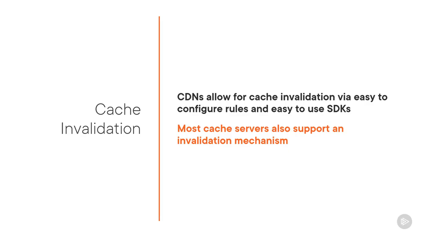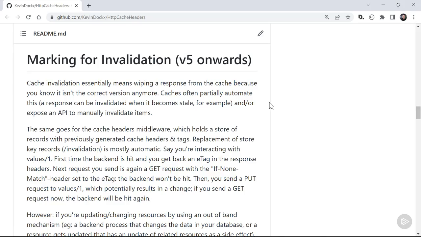Most cache servers also offer this option. And if you ever have the need to do this with the marvin.cache.headers middleware, you can do so by calling mark for invalidation on an IValidatorValueInvalidator implementing instance. Simply injecting IValidatorValueInvalidator via constructor injection will get you the default implementation. And with that, let's have a look at this module summary.